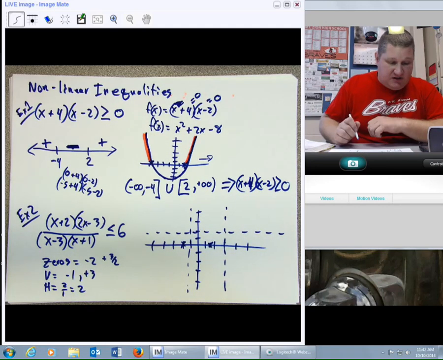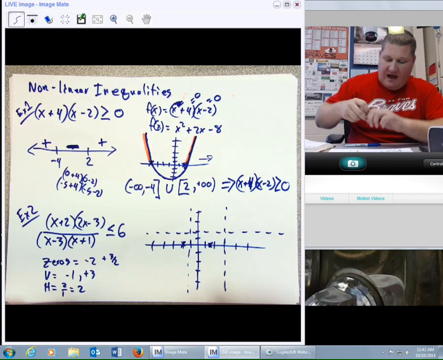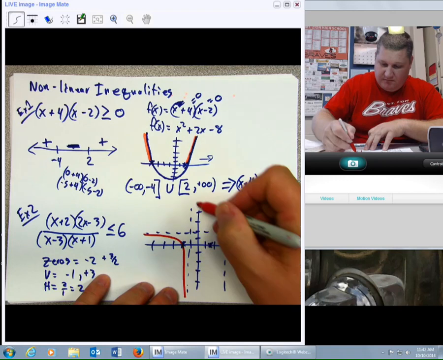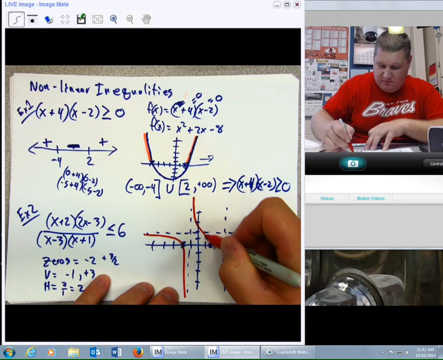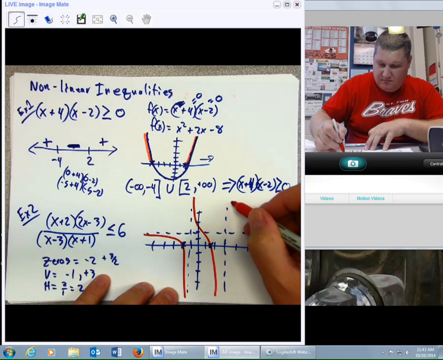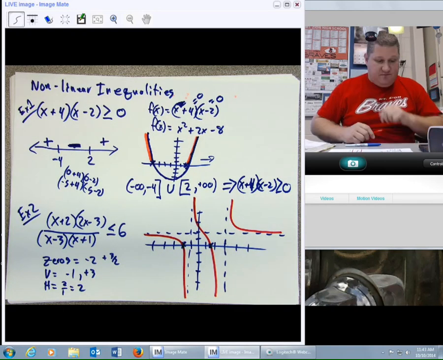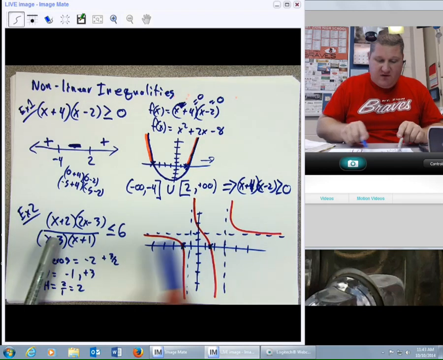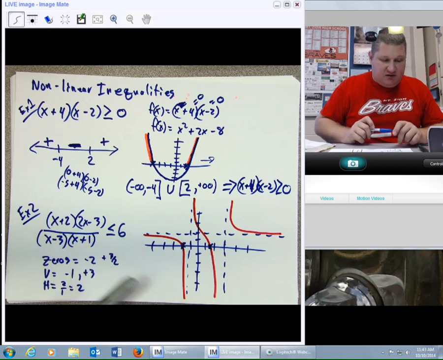And so at this point, we can figure out that our graph is going to look as follows. And given this information, we need to figure out where this graph is less than or equal to 6.